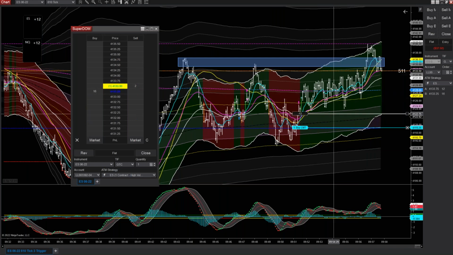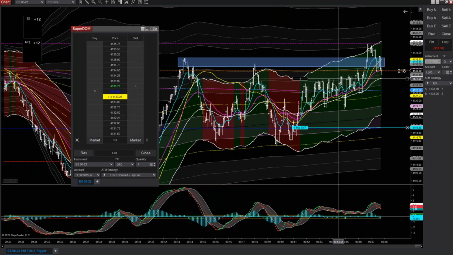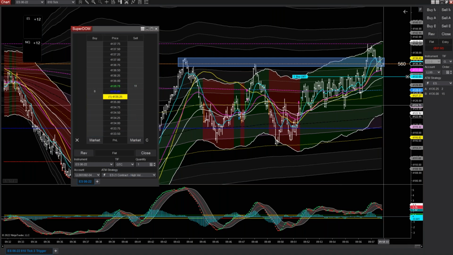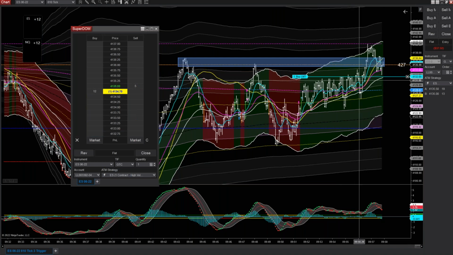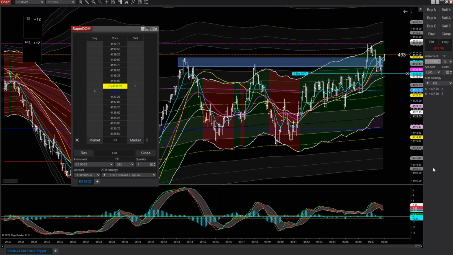Just want to see if it's going to continue coming down here. So I'm buying here at 4132.75.